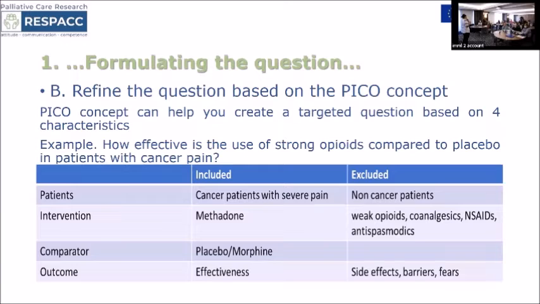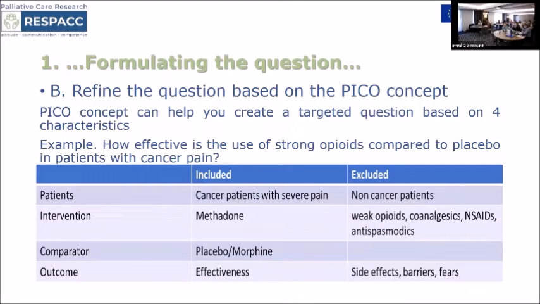Who would vote for the first one? Maybe there is one. Did you on Zoom formulate maybe a different PICO question? Is there something on the Zoom? No. Okay. So the first question: what is the effectiveness of methadone versus placebo in cancer pain?